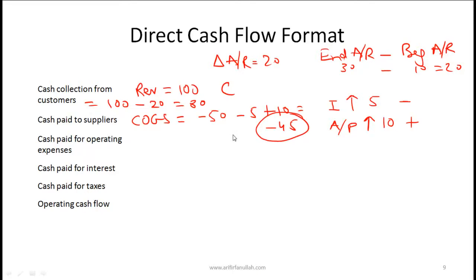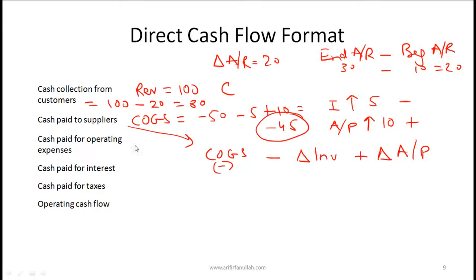So the cash paid to suppliers is minus 45. So the formula you can think of for the cash paid to suppliers becomes COGS, and remember that since this is an expense, take it as a negative number, then you subtract the change in inventory and you add the change in accounts payable. So that's your cash paid to suppliers.